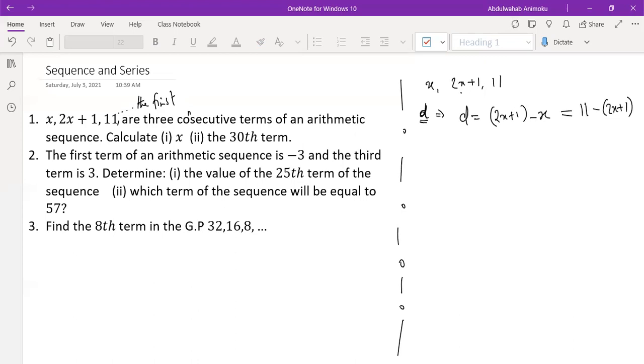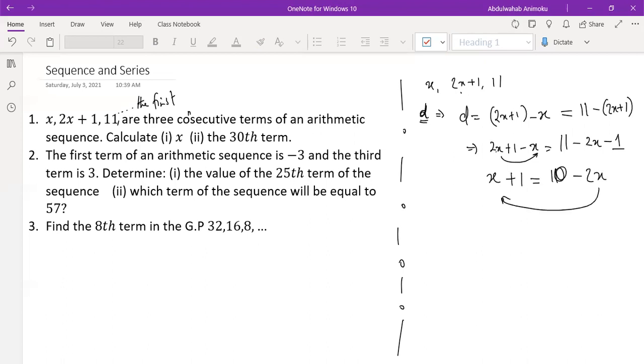Now, this is what we're going to use to get our x. When we expand this, this will give us 2x plus 1 minus x, and on the other side, we have 11 minus 2x, minus 1 when we expand the bracket. Now we can simplify 2x minus x, that will be x plus 1, and that will be equal to 11 minus 1, that is 10, minus 2x.